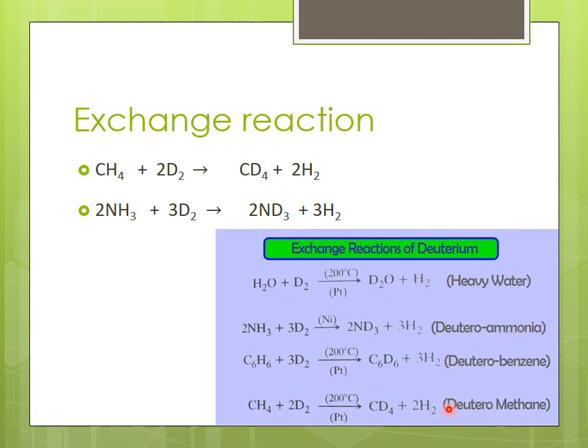Another one with methane, already we have seen deuteromethane, condition 200 degrees Celsius and platinum. Then next one, benzene, all the 6 hydrogen atoms will be replaced by deuterium, so the name is deuterobenzene. So these are the examples of exchange reaction of deuterium.